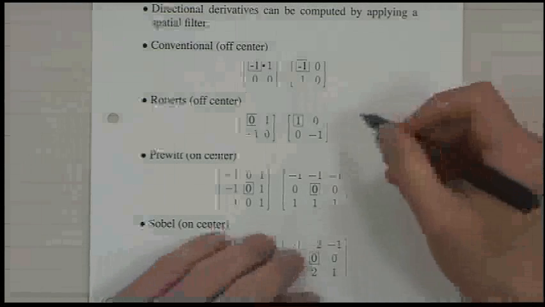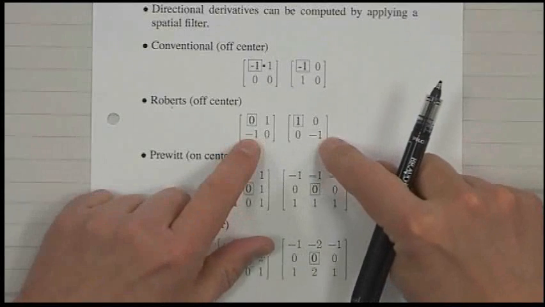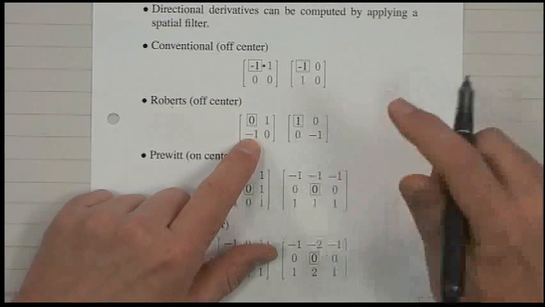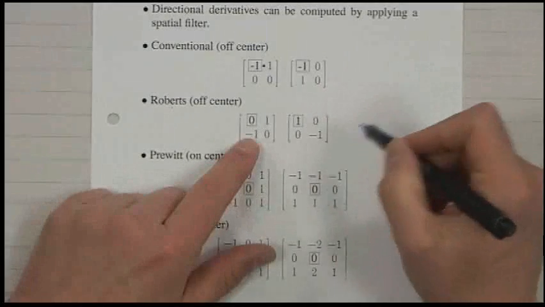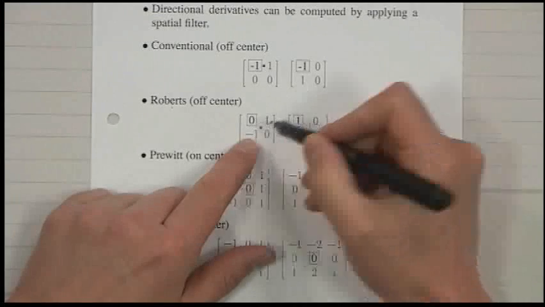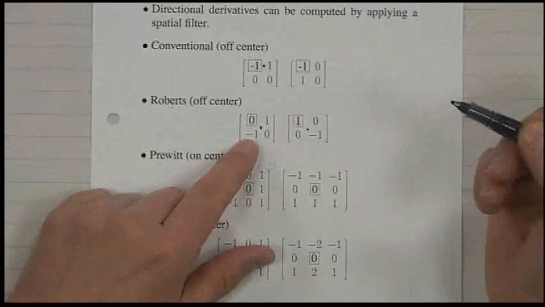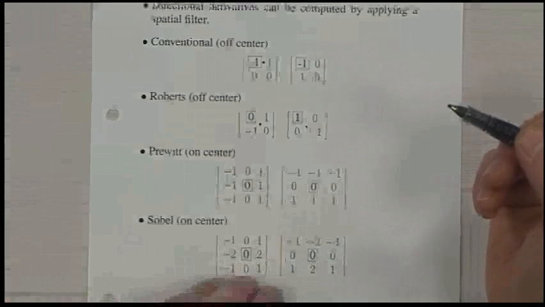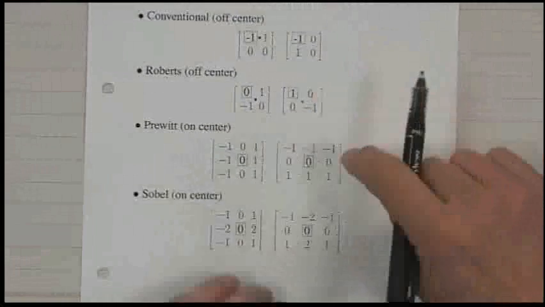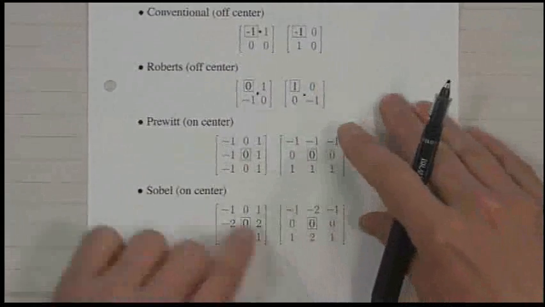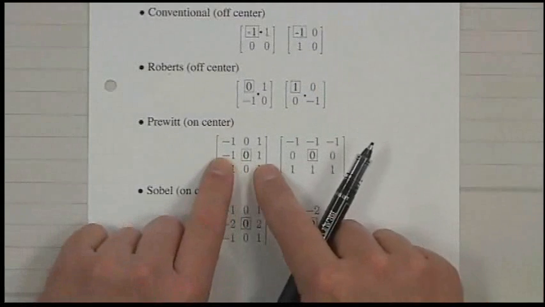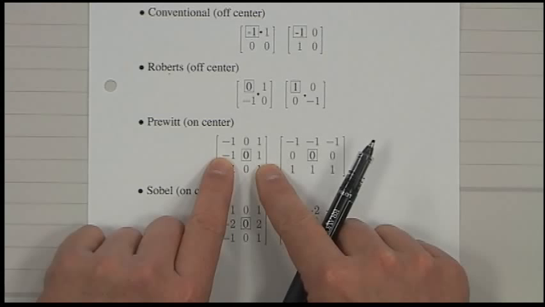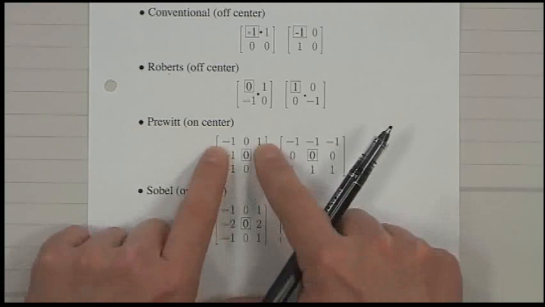One possibility is to take the gradients along the diagonals, and then at least the two derivative centers will be aligned. But often you use a slightly bigger window, and the advantage is that you can also put a little filtering in.